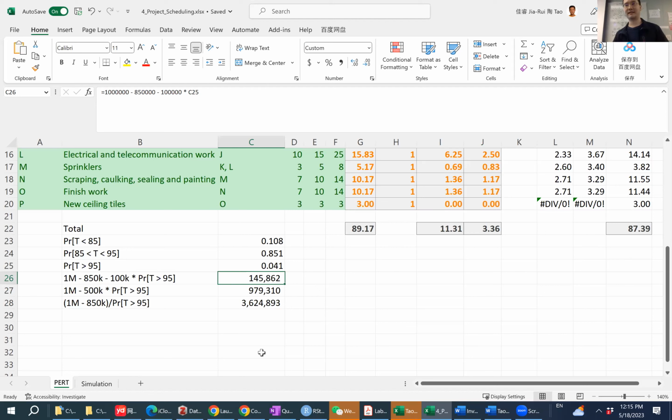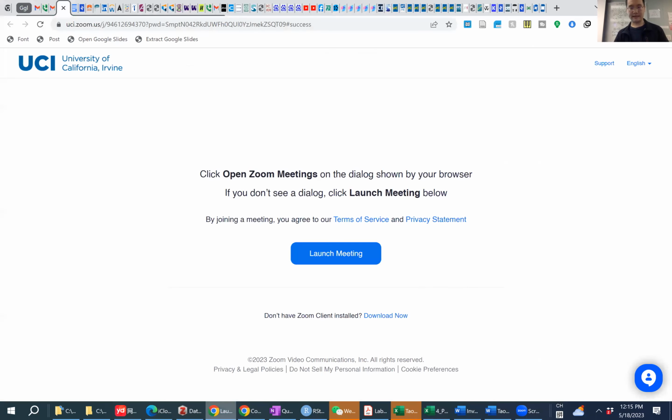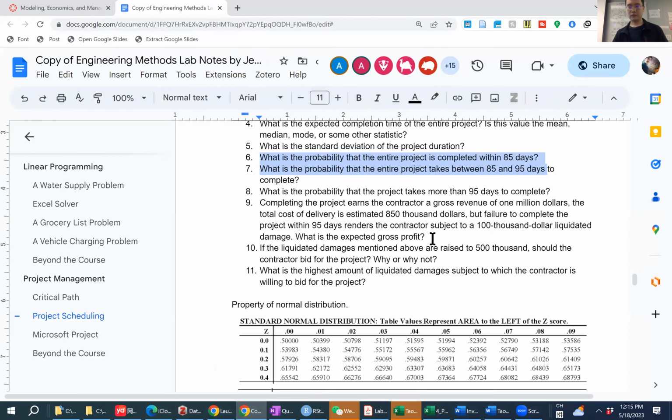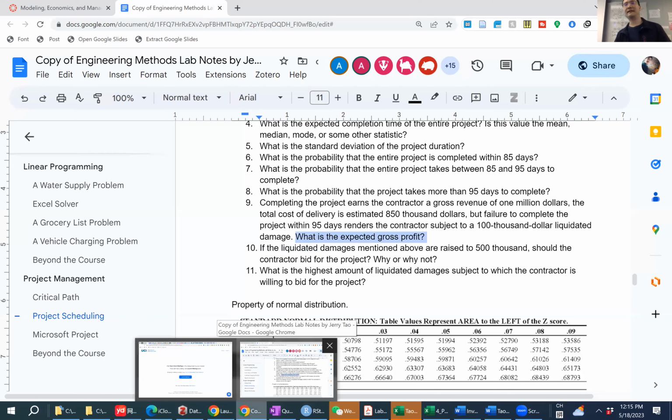If we depend on the normal distribution, since we already calculated all the probabilities above, we use the result. So for question 9, when we are asked about the expected profit, we calculate this quantity using the probabilities we are given.